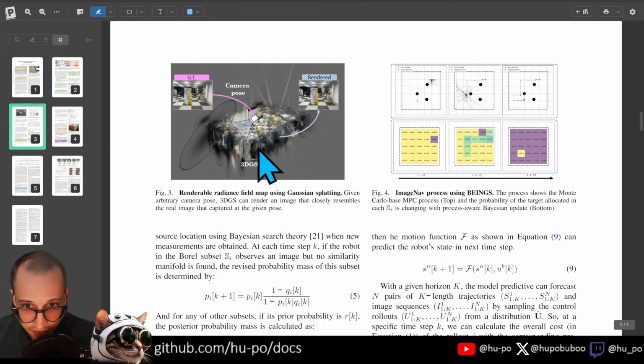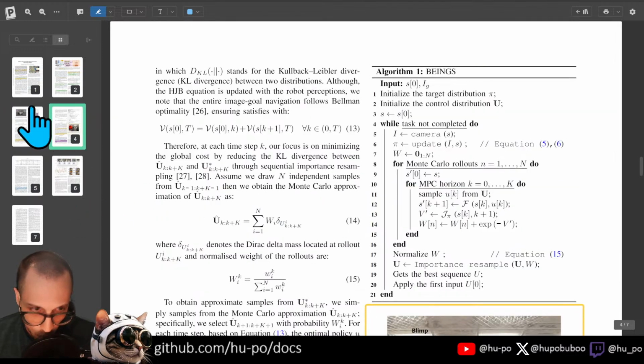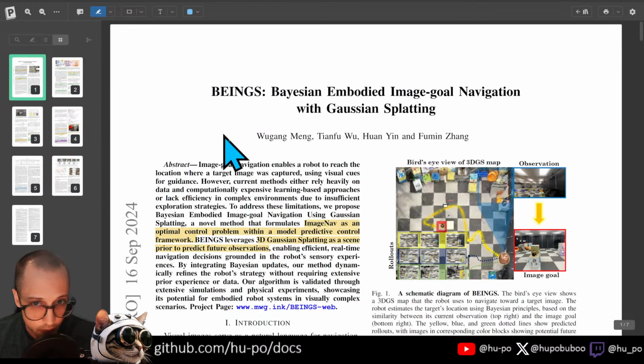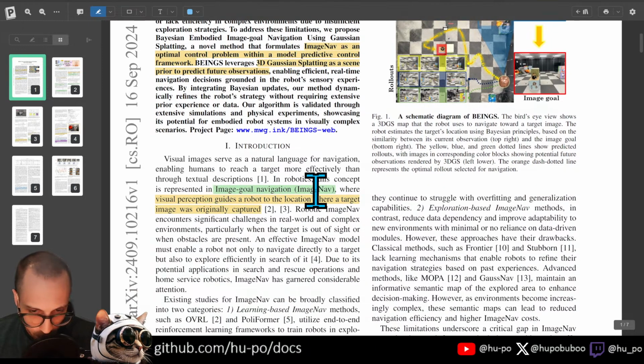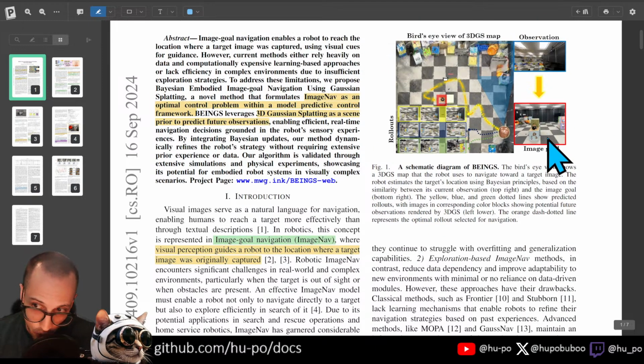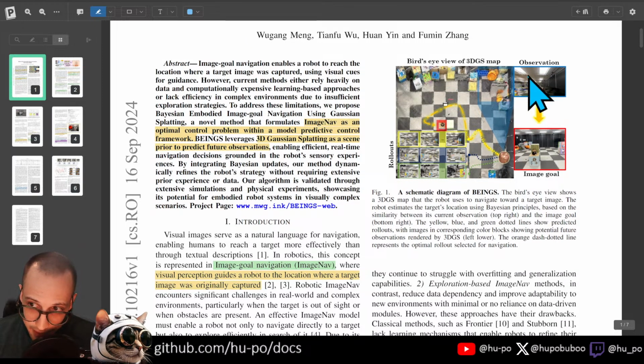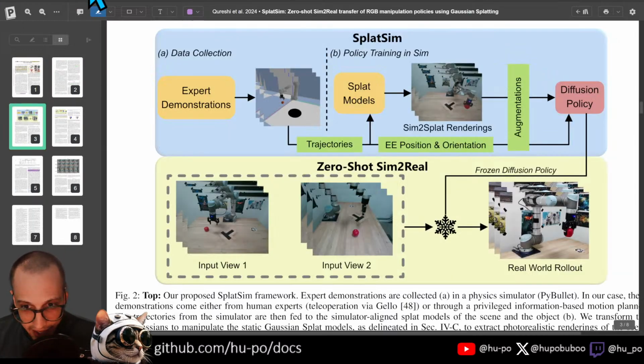So you have this room that they set up with different columns and different objects, and what it's doing is image nav, which is image goal navigation, where you give it a specific goal image. You're like, here, I want you to go to this place, and it's an image, and then you have the image coming out of the blimp, right? So you need to use visual perception to guide the robot to the location where the target image was originally captured.